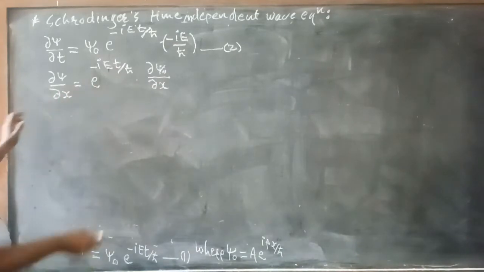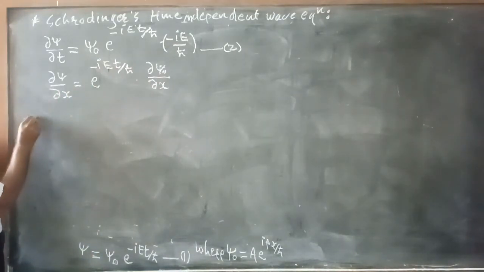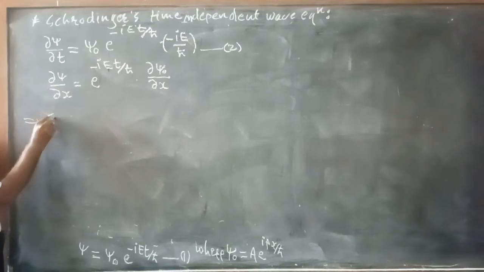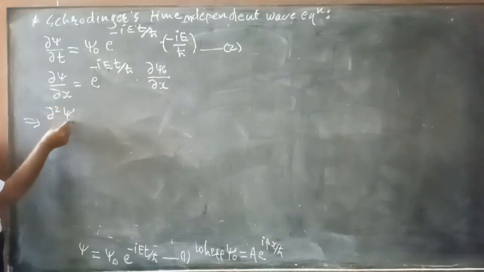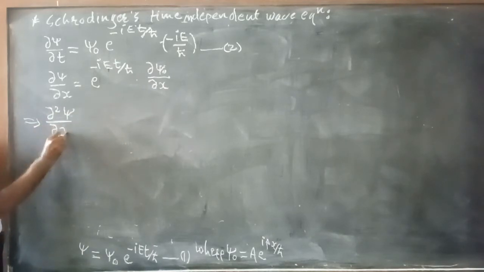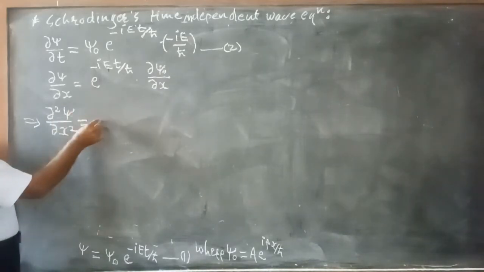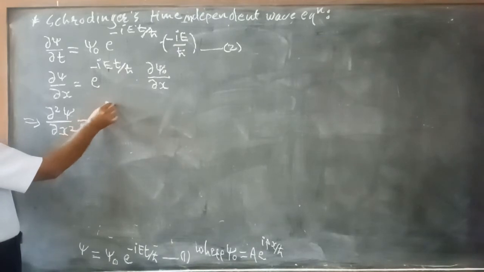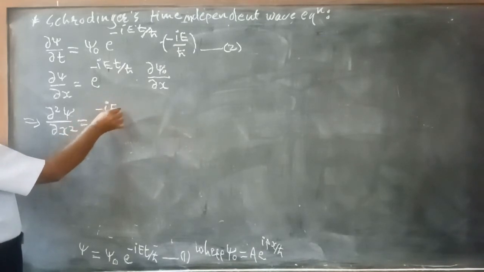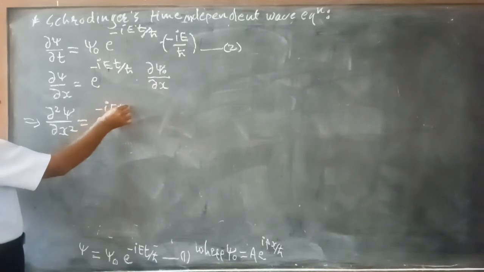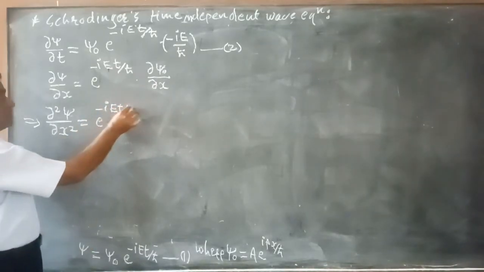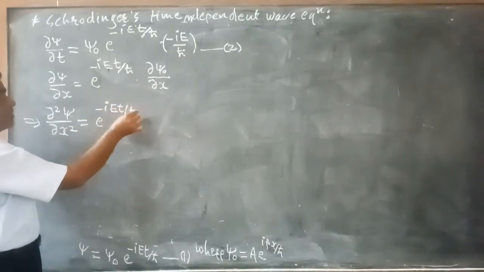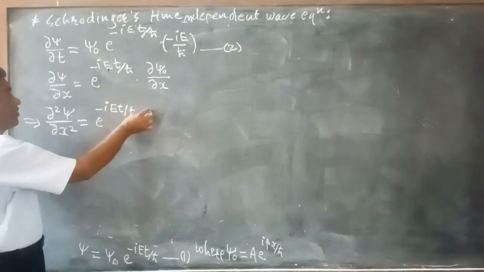So again, differentiating this twice means we have to differentiate this equation again. So we are getting d square psi divided by dx square. This will be equal to this term as it is, e to the power minus iEt divided by h cut, into differentiation of this.